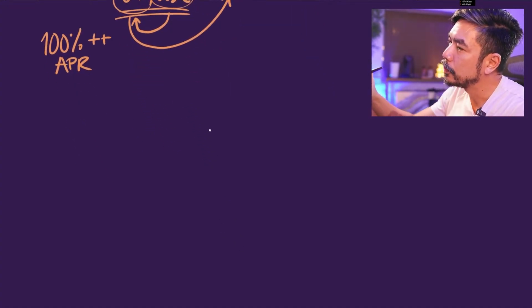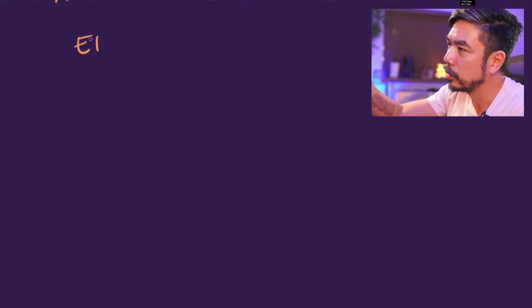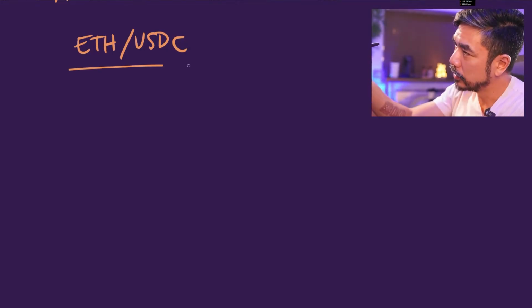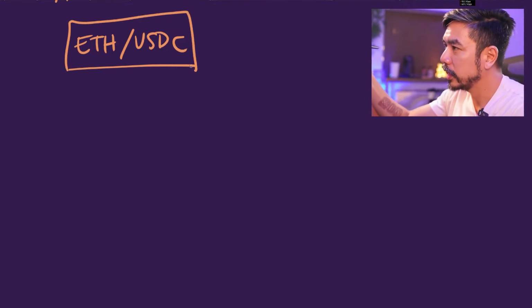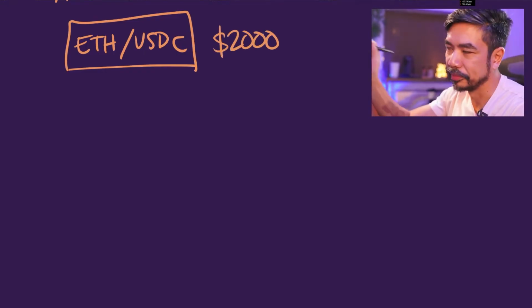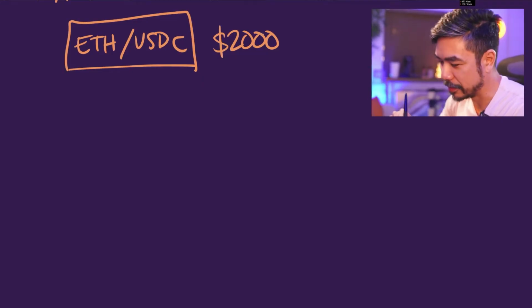Okay? So I am going to start with a very basic example, and it will be describing the ETH USDC pool specifically. And for the purposes of this example, we are going to pretend that the price of ETH right now is $2,000. I know it's not, but I can dream.